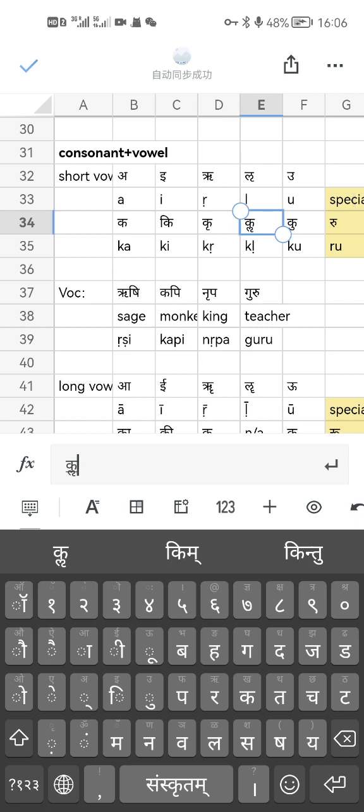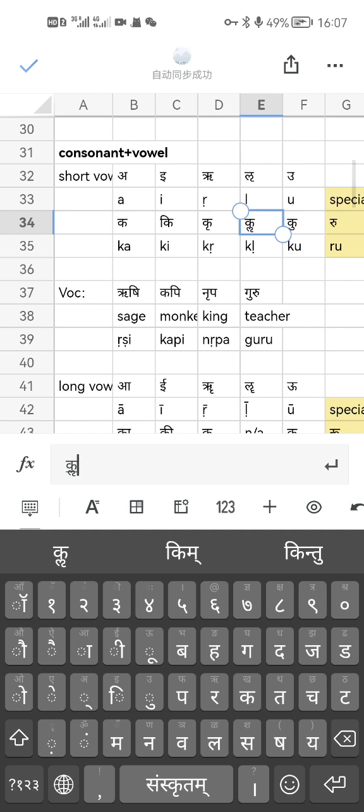Next one, the vowel, right? It's still the same letter ka, and then we put the bottom part of a 3 underneath ka. So it's like this.